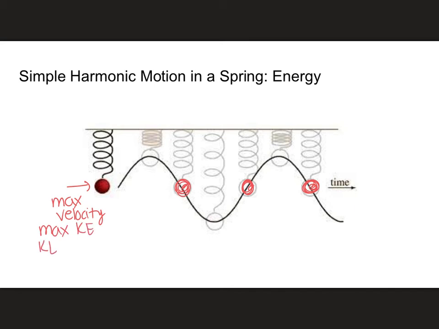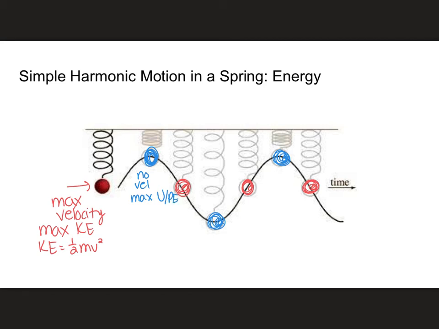We use the same equation we have used before. Take a minute and find that on your equation sheet, 1/2 mv squared. Now when it is at these other points, where we have minimum and maximum amplitude or displacement, whichever way you want to think about it, this is when I have no velocity and max potential energy, aka big U.